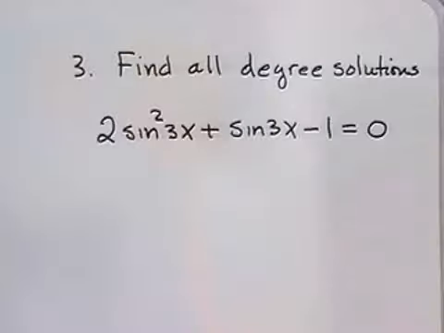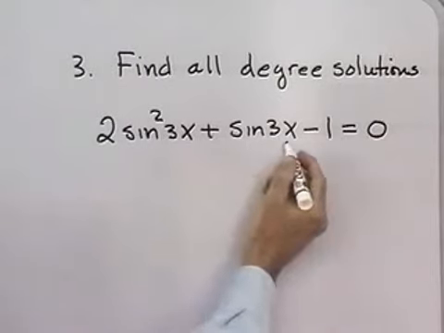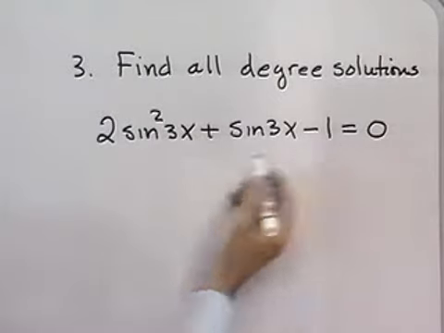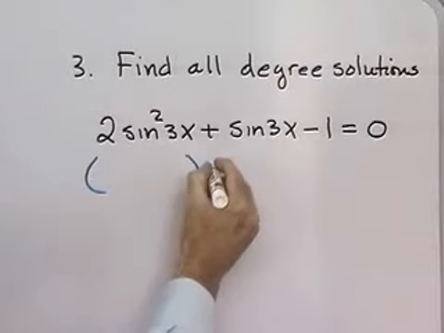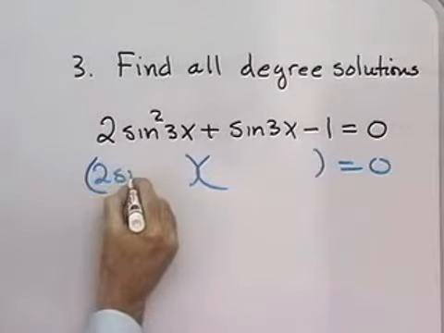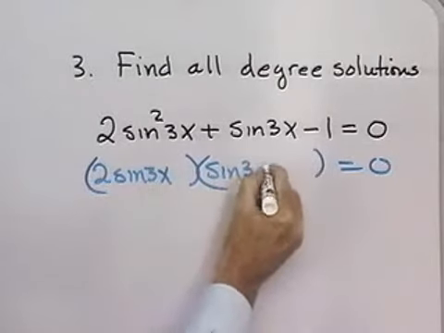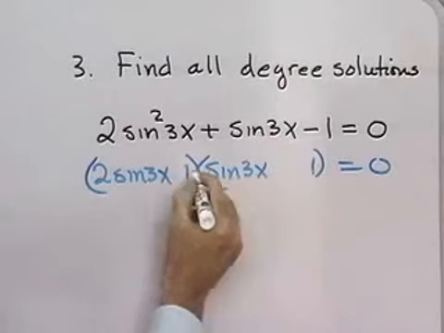Here's our next one. I want to find all degree solutions this time to 2 sine squared 3x plus sine 3x minus 1 equals 0. So I'm just going to start by factoring this into 2 sine 3x, sine 3x, 1 and 1.